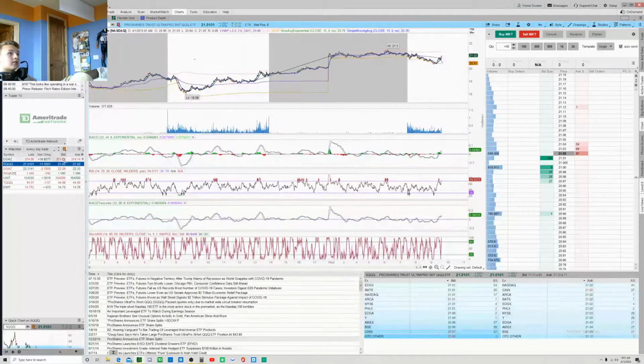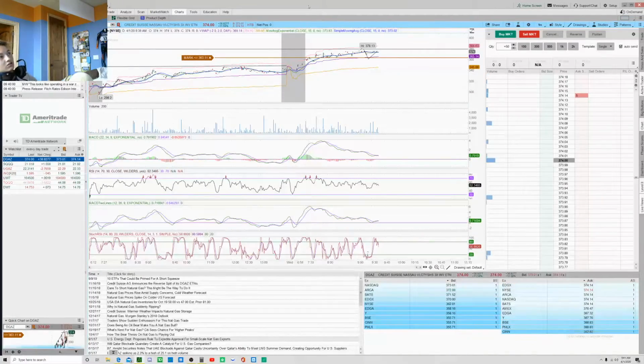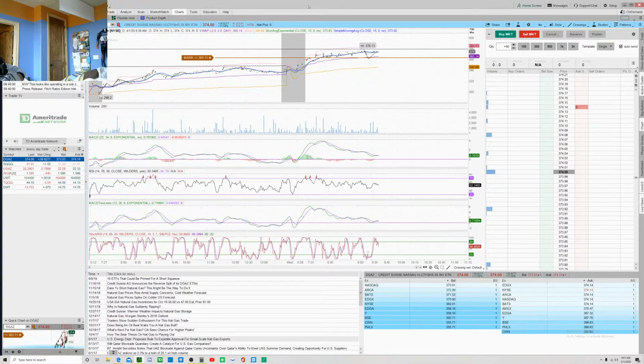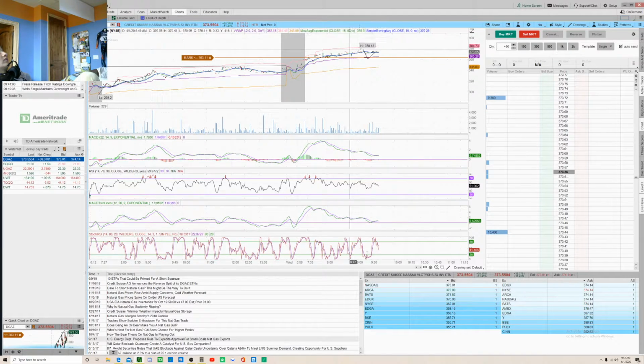Alright, so today's kind of hard to trade. Usually DGAS or UGAS has a pullback around 8:30, bounces off the middle VWAP, and then continues up. But today it's just non-stop growth.